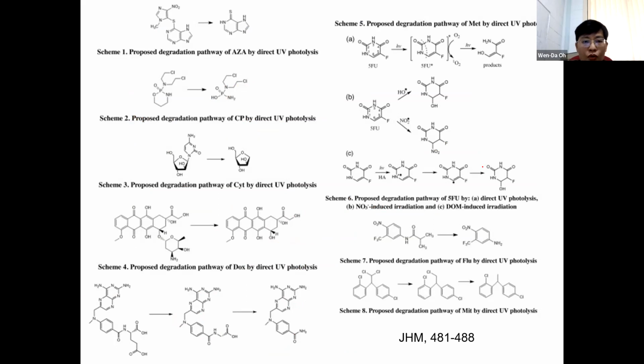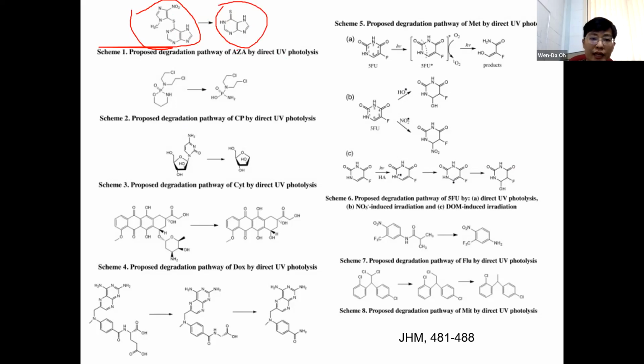One particular example of interest would be this study whereby they look into how UV photolysis can lead to the breakdown of antibiotics. In the environment, you have many kinds of molecules, for example these molecules. When we expose these molecules to UV radiation, they can break down into smaller molecules.